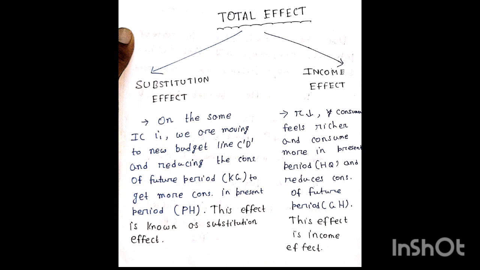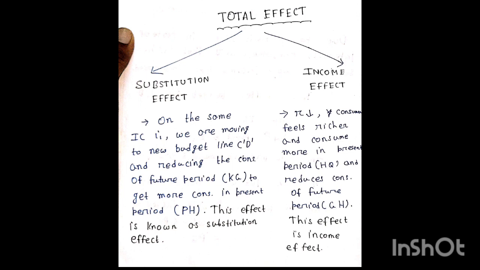So this effect of reducing the consumption of the future period and increasing the consumption of the present period, this effect of substituting, that means we are actually substituting the consumption of the future period with the consumption of the present period. That means we are increasing the present period consumption and we are reducing the future period consumption. This effect of substituting is known as substitution effect.